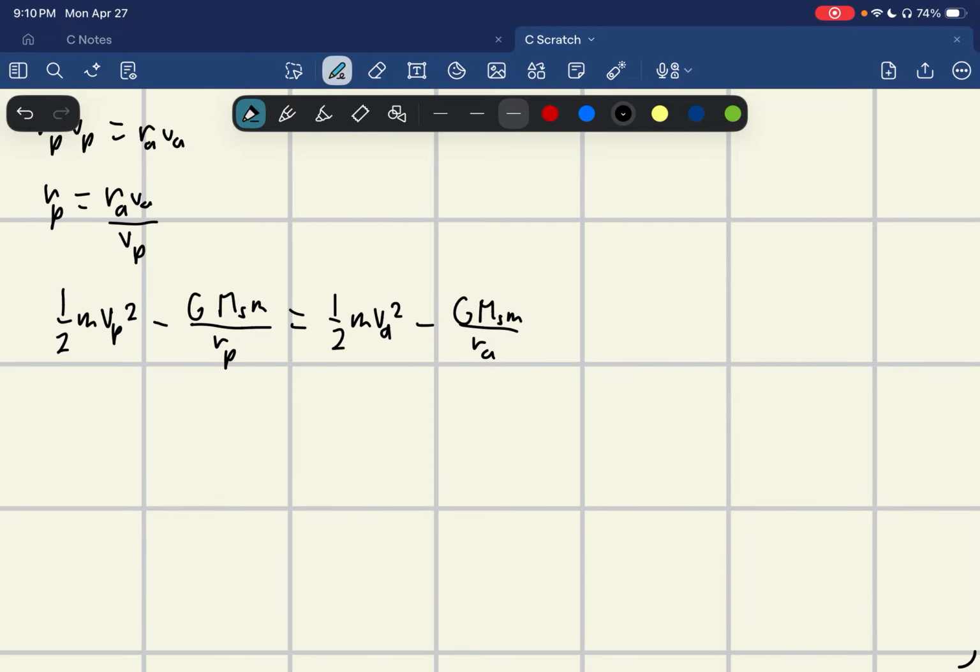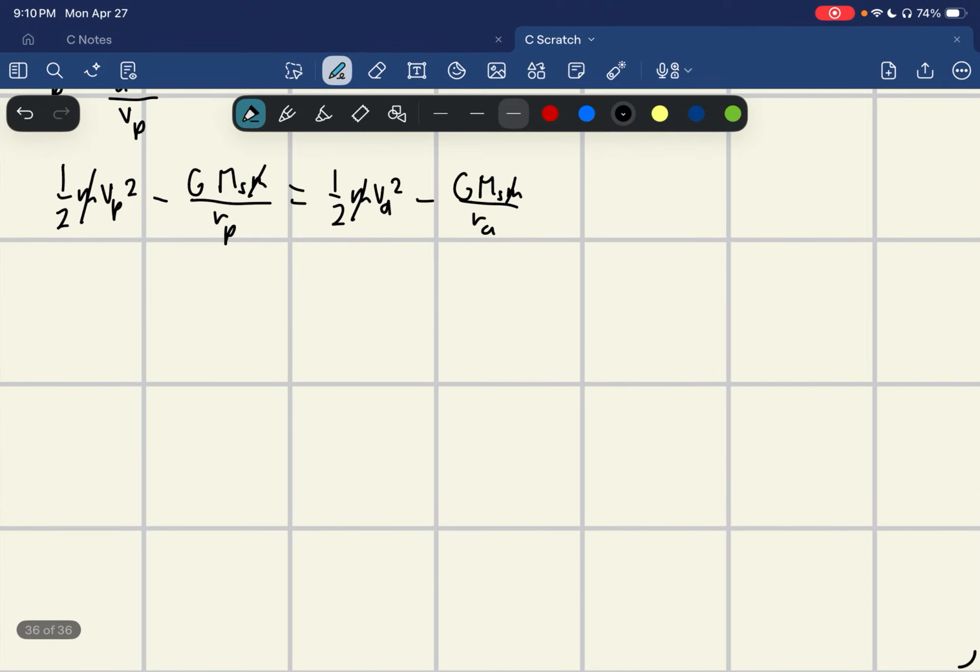And then here, little m will cancel out in every term. So we're left with 1/2 vp squared minus G Ms over rp is equal to 1/2 va squared minus G Ms over ra.